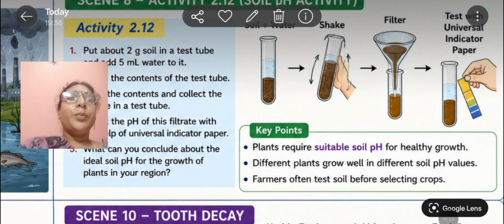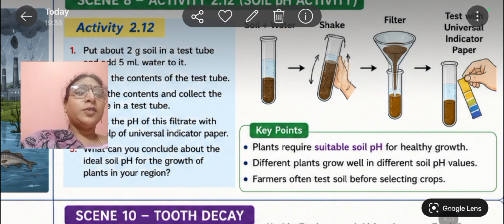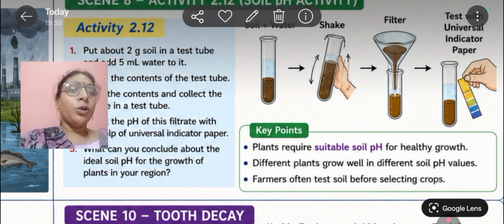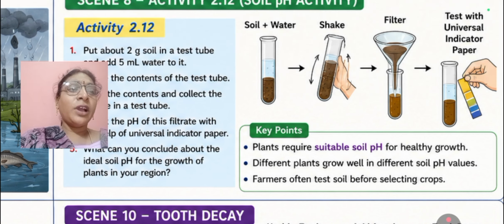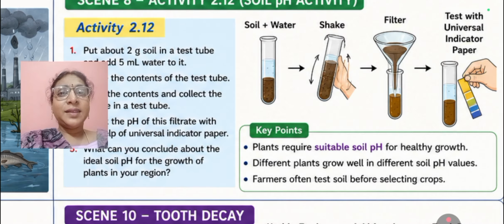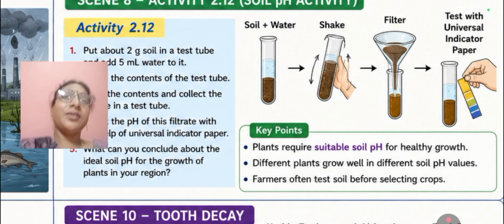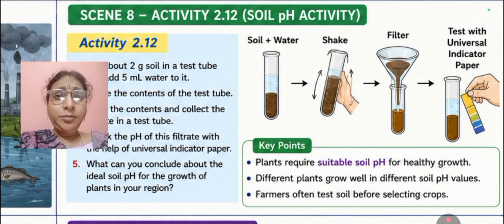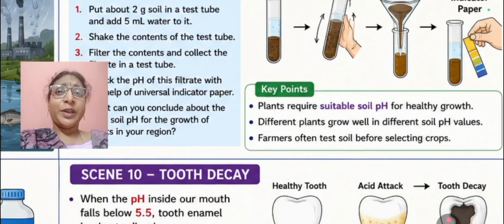Plants require suitable soil pH for healthy growth. Different plants grow well in different soil pH values. Farmers often test soil before selecting crops. This is the use of pH in soil pH activity.